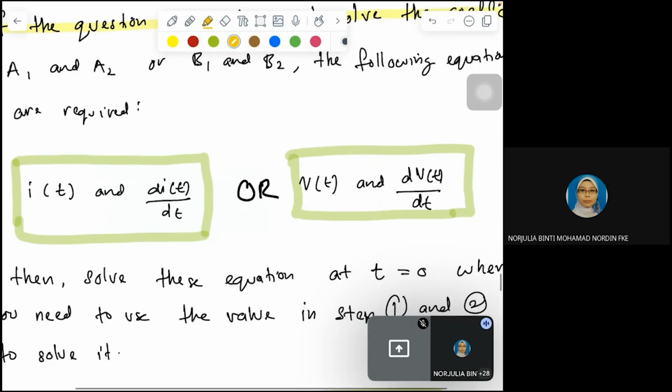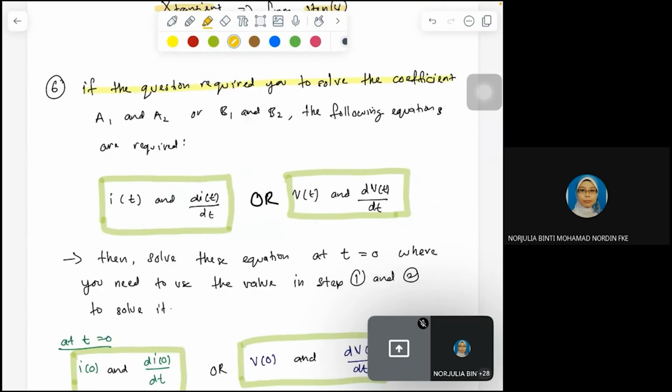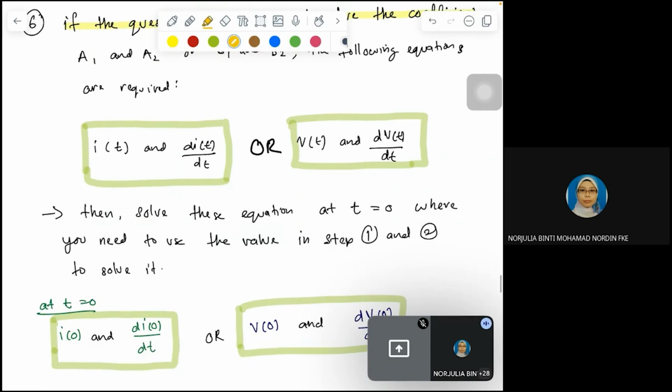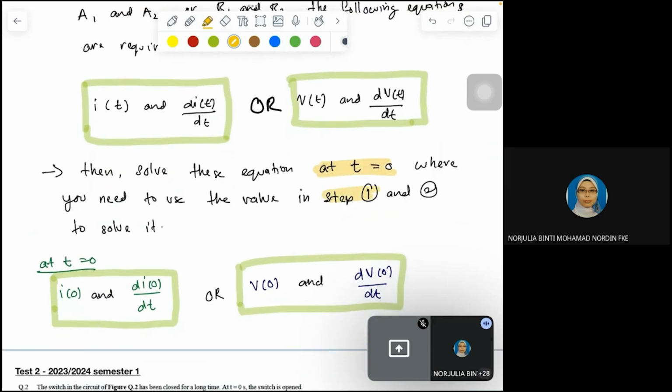Or if you are analyzing the circuit for V, you need to have the equations of v and dv/dt. Then you need to solve these equations, whether V or I, at t equal to 0, where you need to use the values from step 1 and step 2 to solve for the coefficient values.